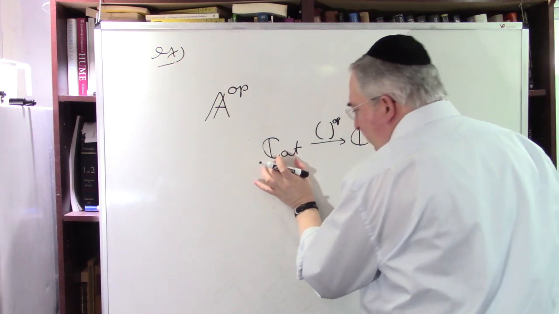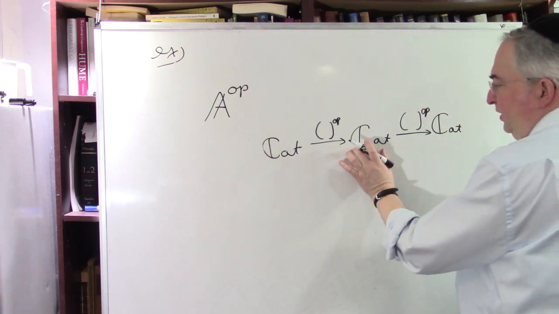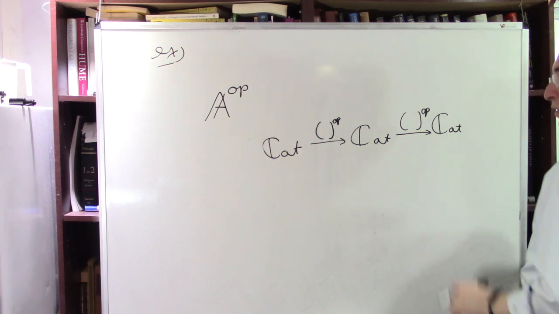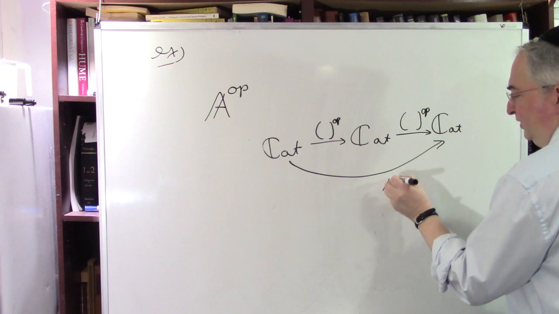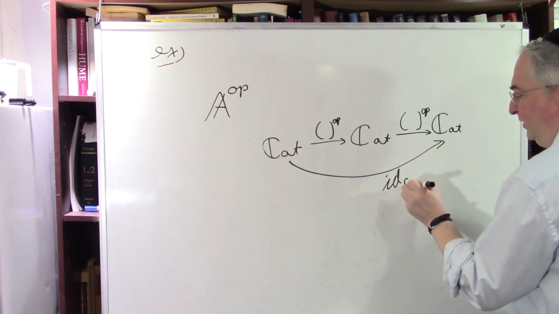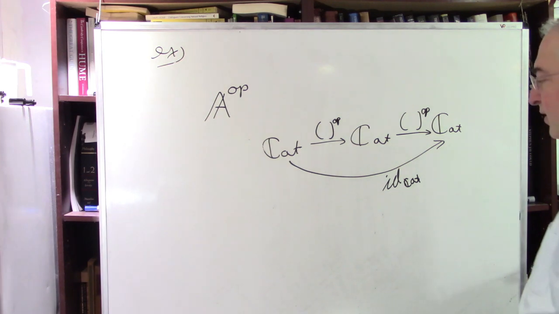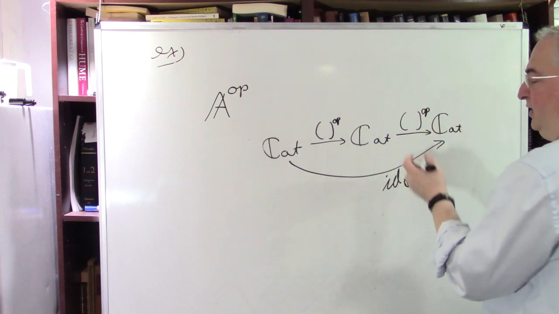You take a category, keep the same objects, just flip the arrows. Keep the same objects, just flip the arrows again. What do you get? You get the identity on Cat. You get the same exact category. Again, take a category, flip the arrows again, you get the same category.